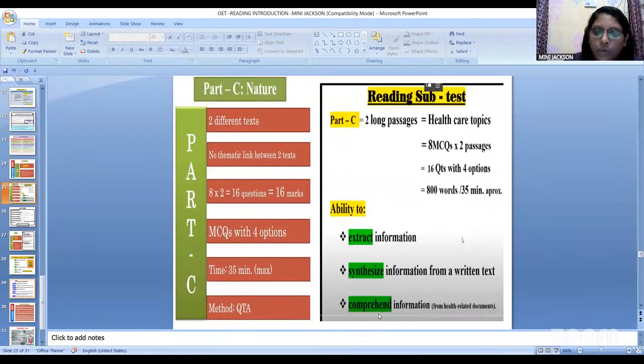Then we have to comprehend information from health related documents. The topics will only be related to health.